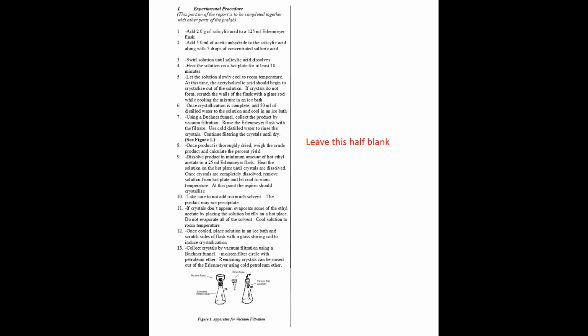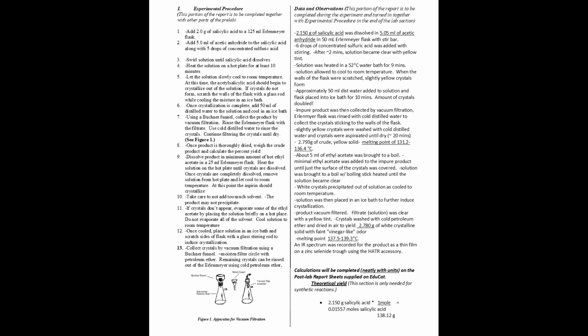An important thing here is that we need to finish the second part of the lab report, which is data and observation. For the data and observation, like I said, record the detailed procedure, how you completed this experiment, and use complete sentences. It should be detailed enough that some other person who only reads your data and observation can repeat the same experiment.